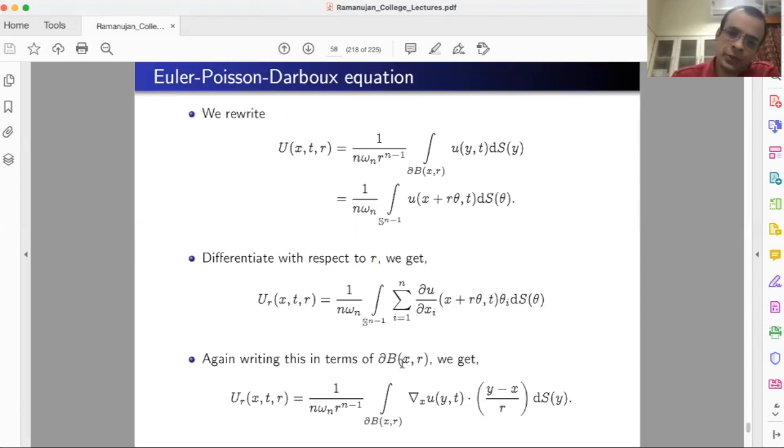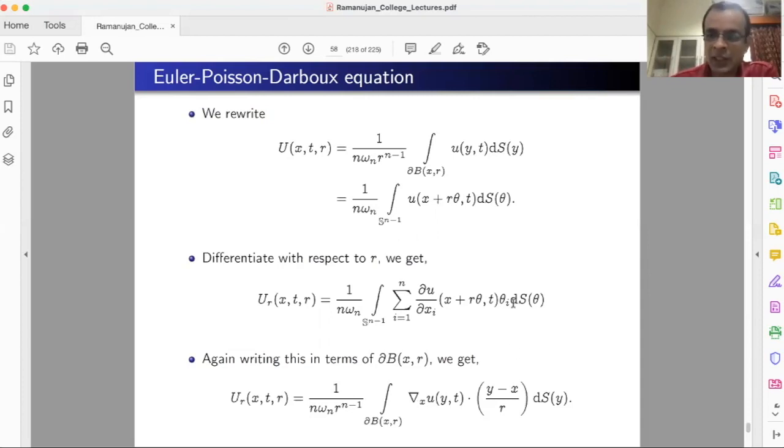What we can do is the reverse change of variables to go back to dB of x comma r. When I go back to dB of x comma r, I get 1 over n omega n r to the n minus 1, and then here I have the gradient with respect to only the x variables. There is also a time variable, but the gradient is only with respect to the x variable.